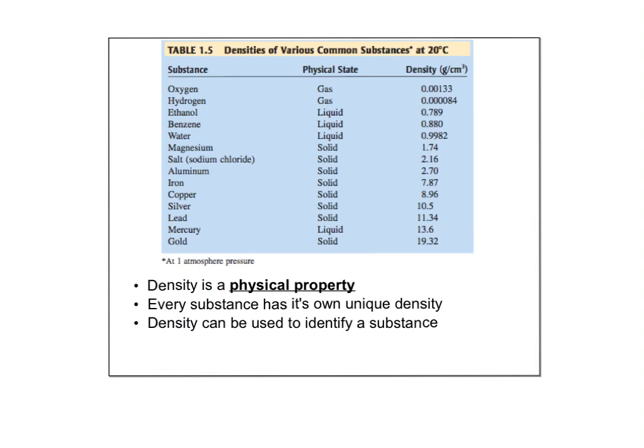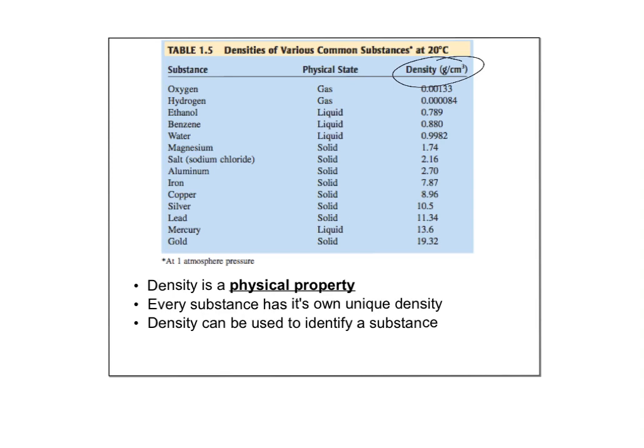On this slide, I have a chart for you of different substances, what state of matter they are in, and then the density. Density is known as a physical property, so every substance has its own unique density, and if I can figure out the mass of something and the volume of something to solve for density, I can figure out what the substance is.